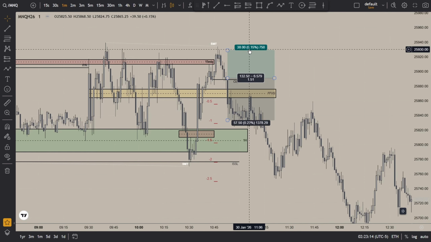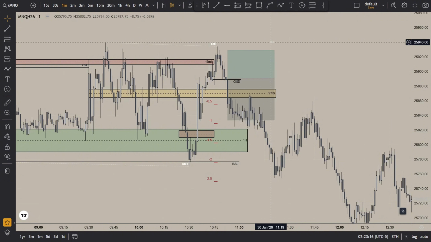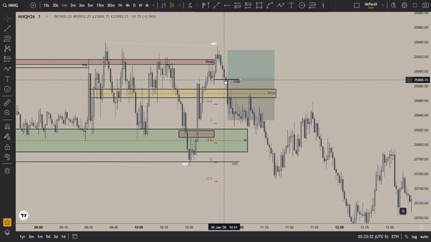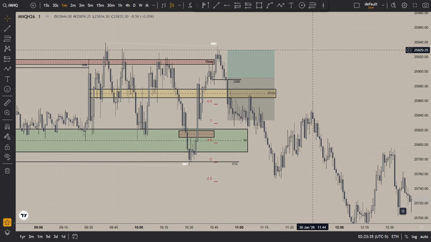Like I said, ES gives a change in state of delivery before NQ, and using all of those conditions that I told you guys, I use ES in these types of situations as a signal for me to hop in NQ before seeing the change in state of delivery, which allowed me to enter here before we get a nice change in state of delivery, right?